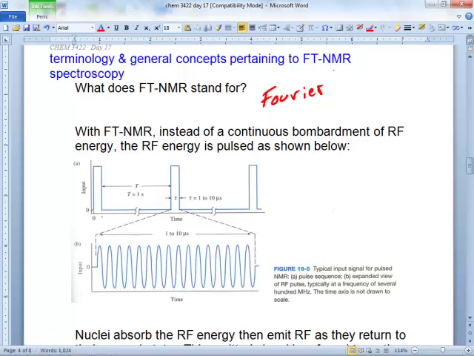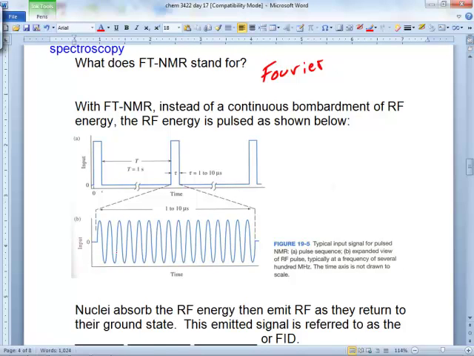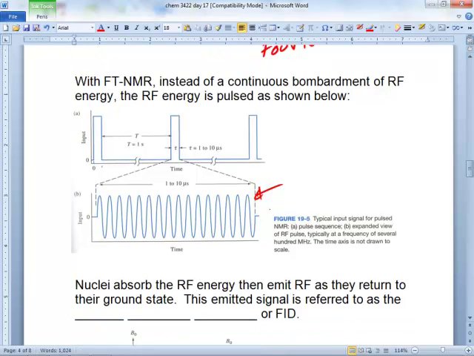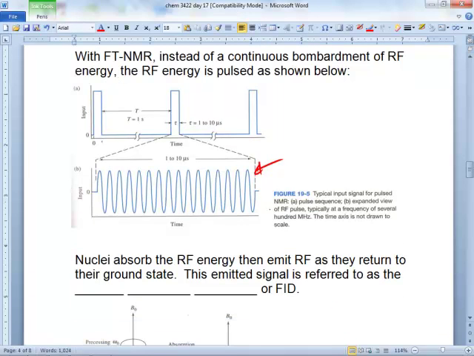Inside each pulse is actually a sine wave. So this is what the FT NMR is doing. It sends out this RF pulse of energy.